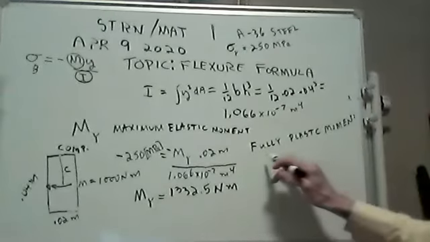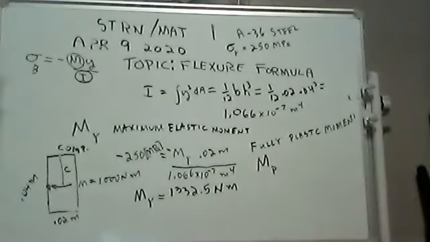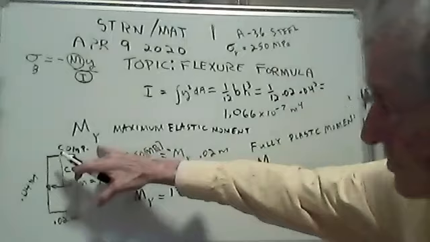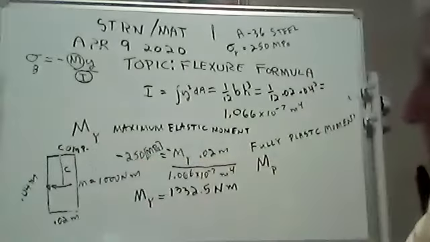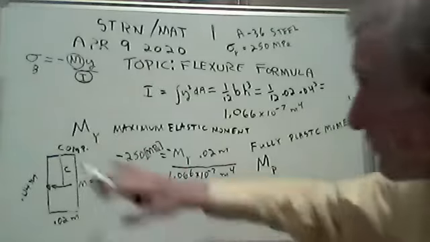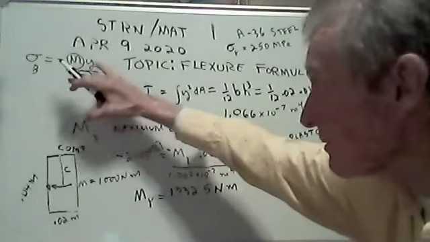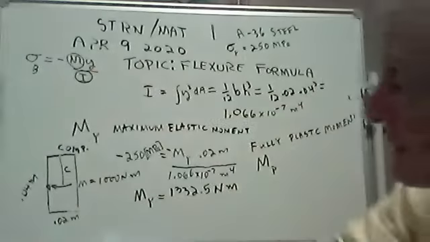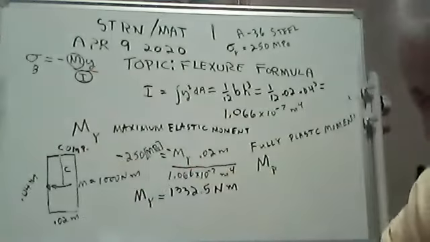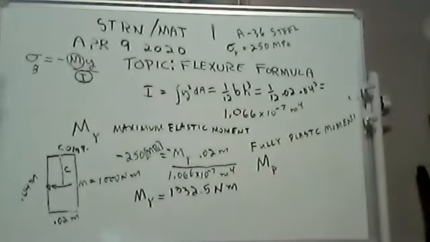Now the fully plastic moment, they have a symbol for it. It goes like this. See, the maximum elastic moment has this symbol, M with a little y. Do not confuse that subscript with this y here. That y there is the distance from the centroid. This y here is just a subscript, kind of like this p here is just a subscript that denotes the fully plastic moment.